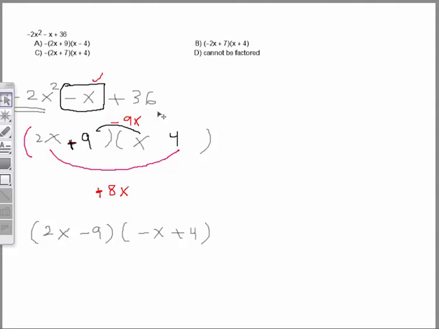So let's see if that works. That would give me minus 9x, right? And that gives me plus 8x. That doesn't add up to negative 1, does it?